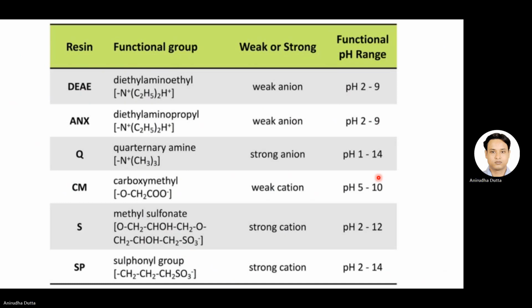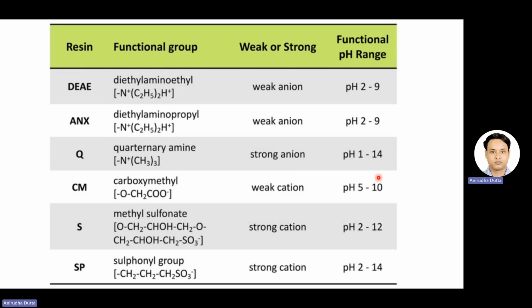Now, depending on the charge and the chemical composition of those ligand groups, the matrix can behave in different ways. DEAE is a weak anion exchanger. Proteins which have a good amount of net negative charge are more efficient at binding this weak anion exchanger.